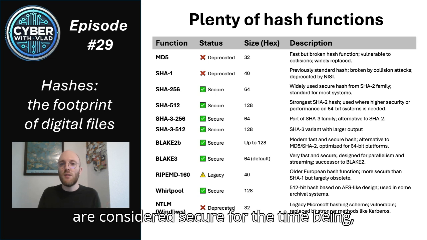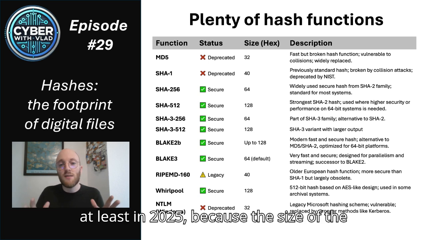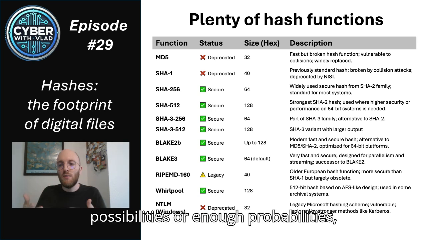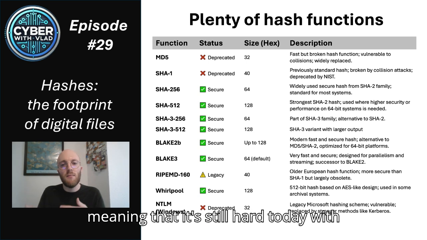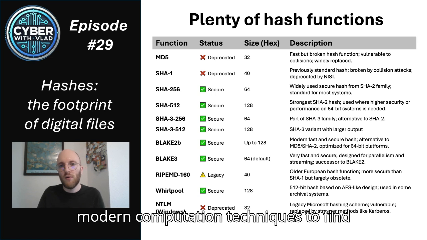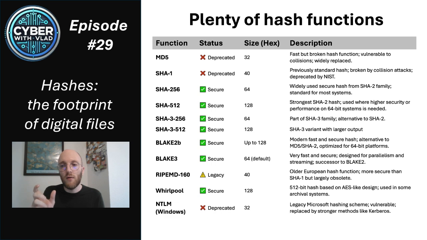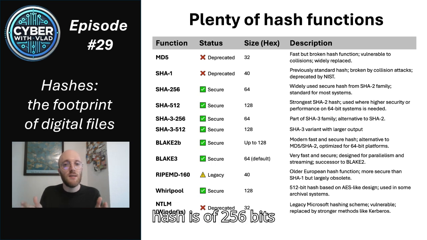Those are considered secure for the time being, at least in 2025, because the size of the hash is big enough. So it gives enough possibilities, meaning that it's still hard today with modern computation techniques to find some collisions, as long as, again, your hash is of 256 bits length.